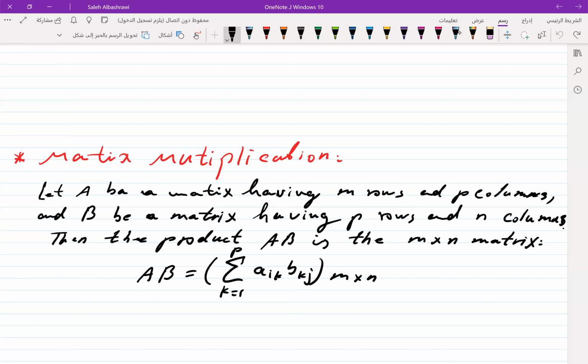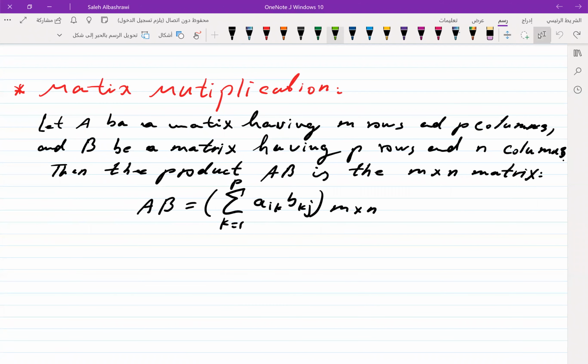See what the meaning of this statement is. I have A with size M by P and B with size P by N. The necessary condition for matrix multiplication is that the number of columns in the first matrix equals the number of rows in the second matrix. If they are not equal, then we cannot multiply the two matrices.